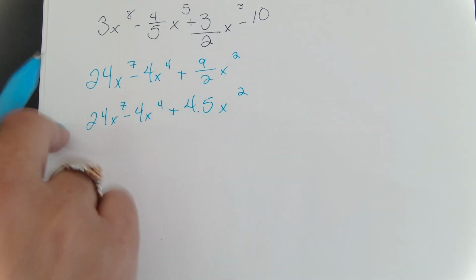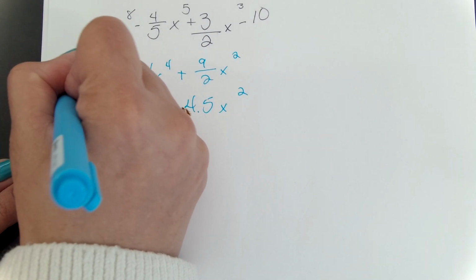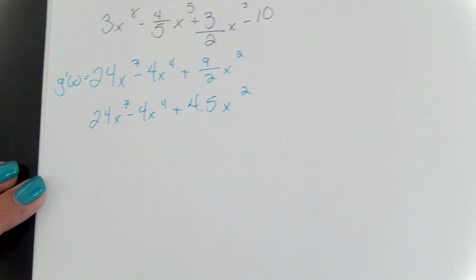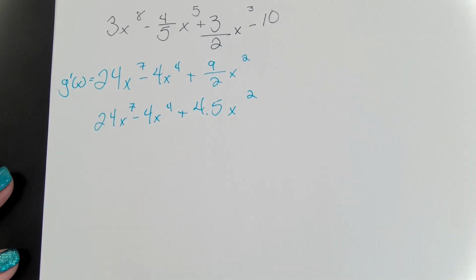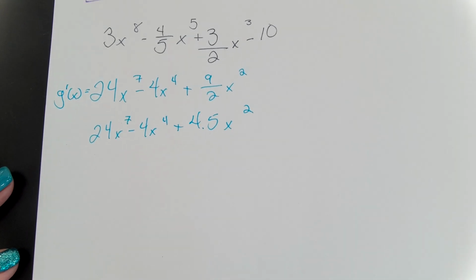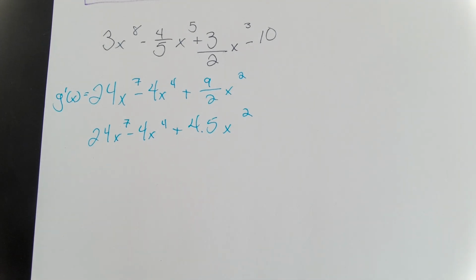It is not f prime of x, it is g prime of x. Follow the name of the function for each problem. Right now, we're just learning this. I'm not going to be super picky, but I will later. Because if you name this f, but it started with g, they're two different functions.